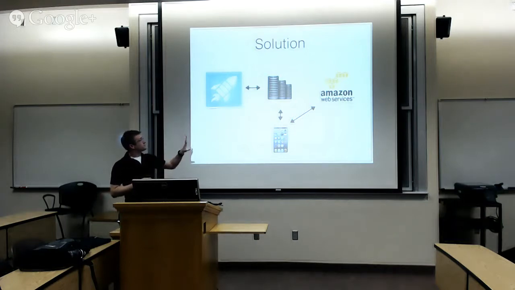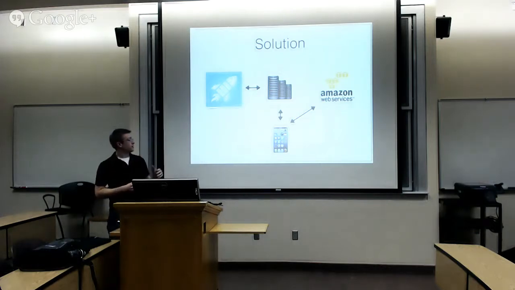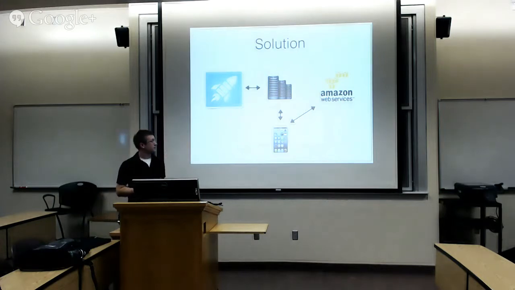This is what the app looks like in a spread out view. The phone connects through the server and is able to access the data it needs in the database, and it accesses Amazon Web Services directly.